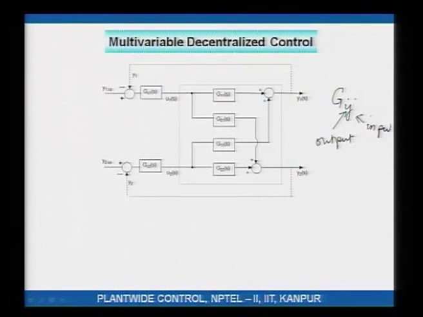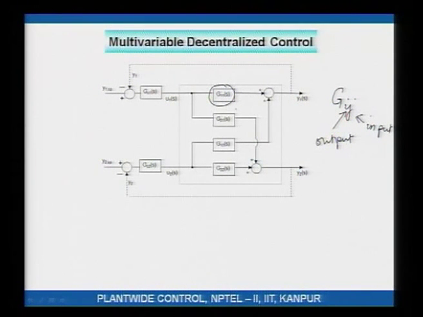This is the nomenclature, or this is how matrix algebra is defined. So, when I say g11, this is to be interpreted as effect on output 1 of input 1.